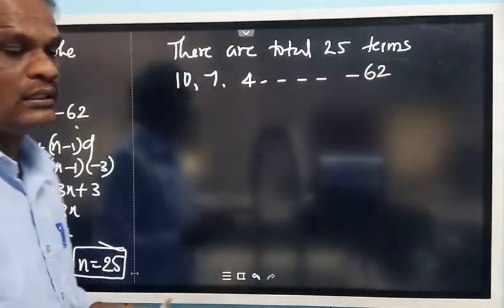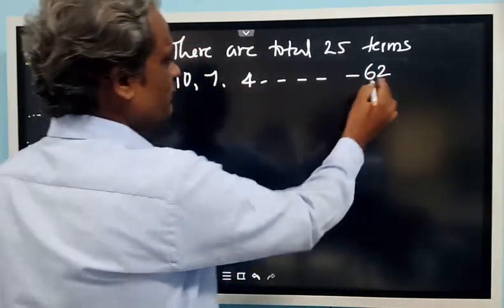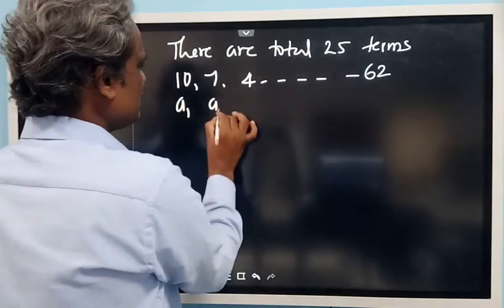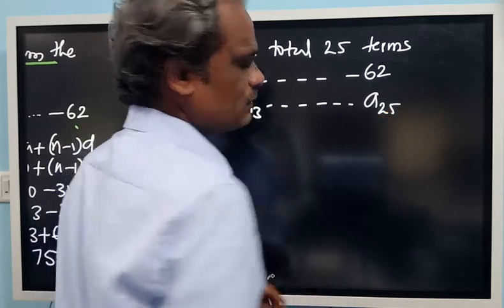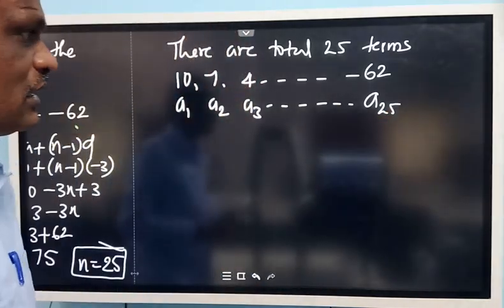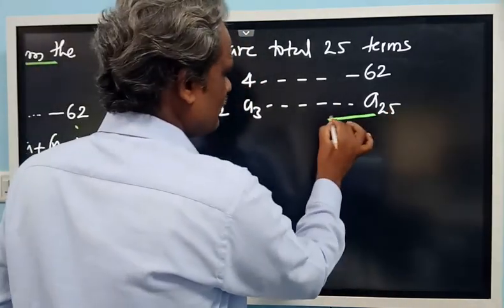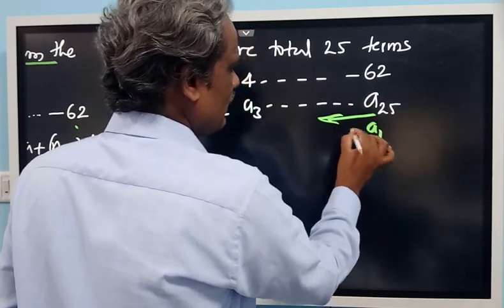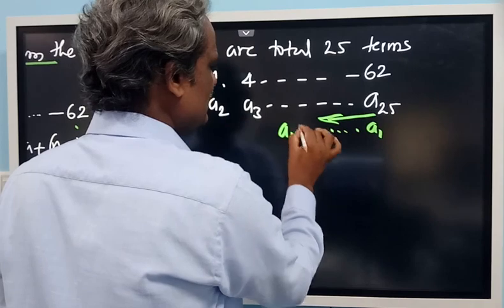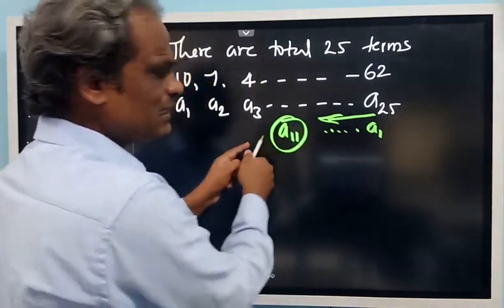Now, this is the 25th term. This is A1, this is A2, this is A3, and the last one is A25. The question asked, from this direction, what is the 11th term? We have to make this the first term A1, and like this we want to find A11 from this direction.